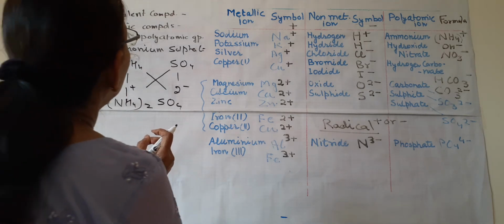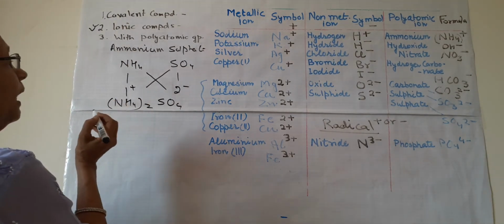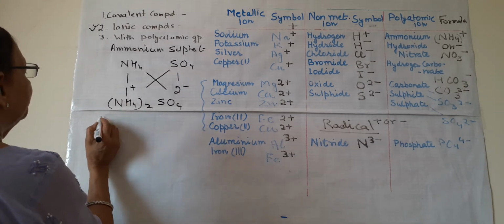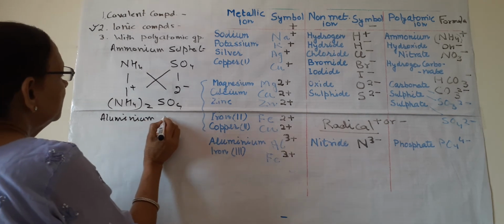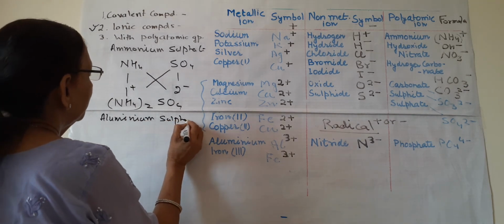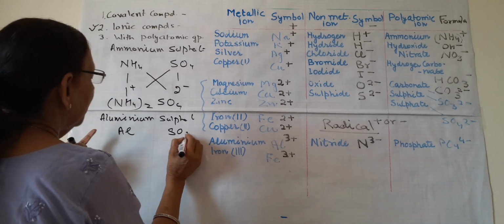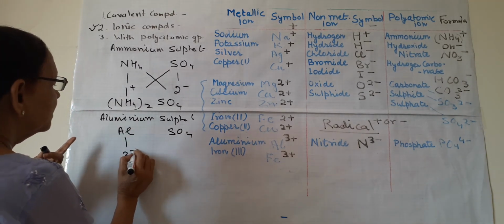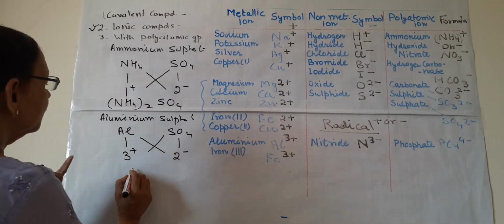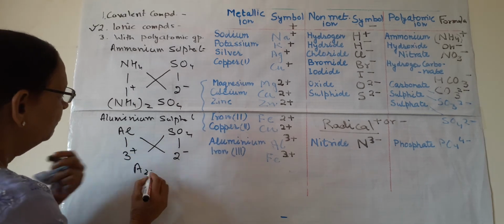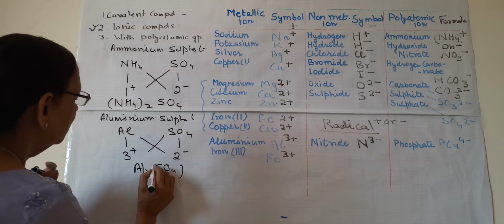We can write one more, suppose aluminium sulfate. Aluminium is Al and sulfate is SO4. Al 3 plus valency, SO4 2 minus valency. So crisscross: with Al we will write 2 and with SO4 we will write 3.